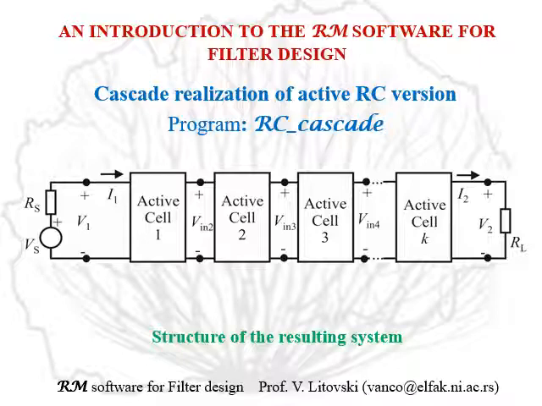The crucial thing here is that every active cell has at its output the output of an operational amplifier, which means that the output resistance of every cell is negligible, which then means that the transfer function of the cell is not changed when loaded. So the cells are not loading each other.